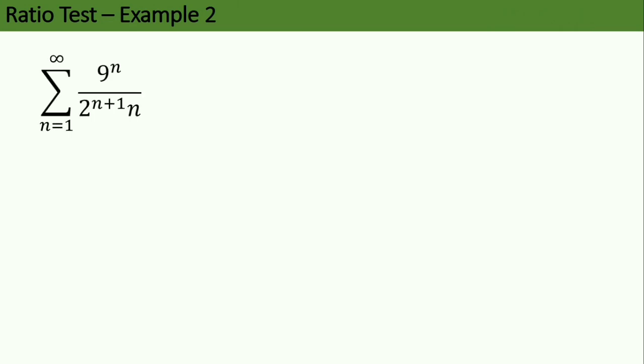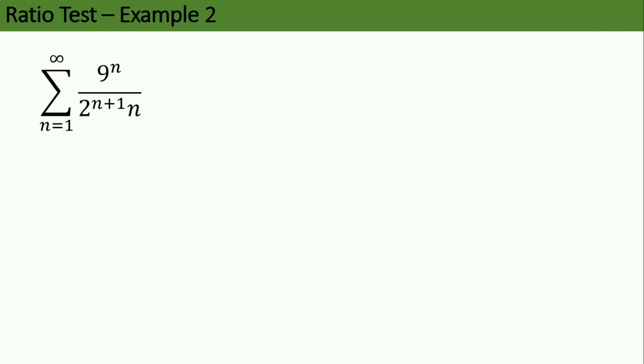So the infinite sum of 9 to the power of n all over 2 to the power of n plus 1 times n. So for our step 1, we will find the value of a sub n and a sub n plus 1.